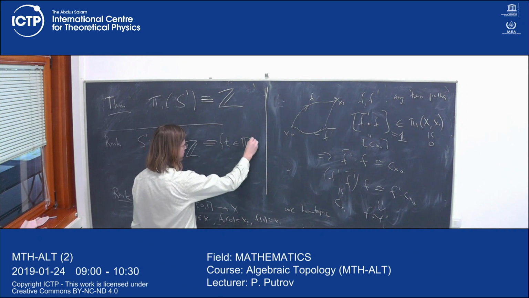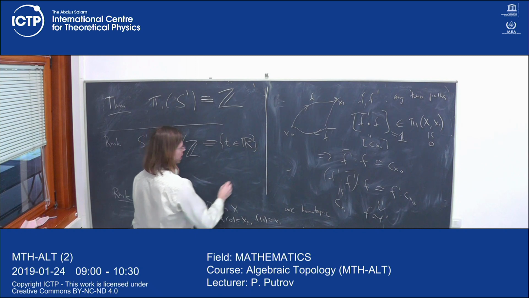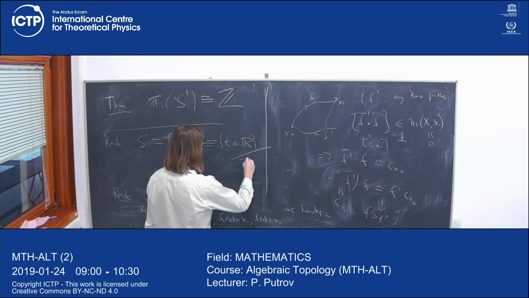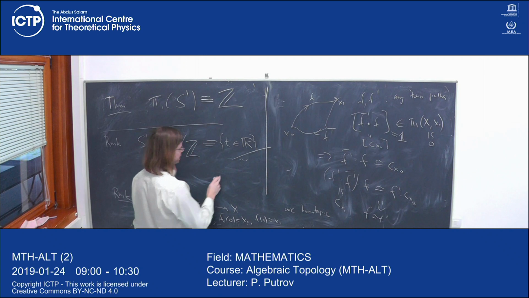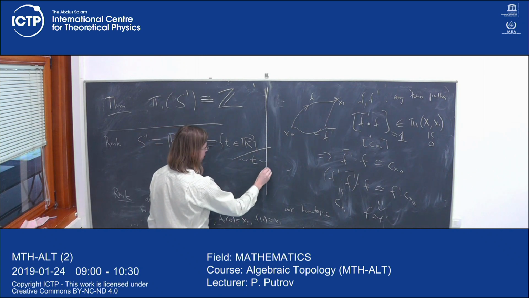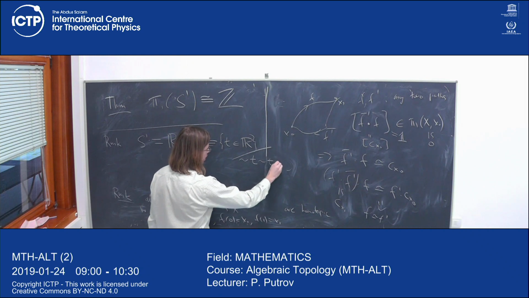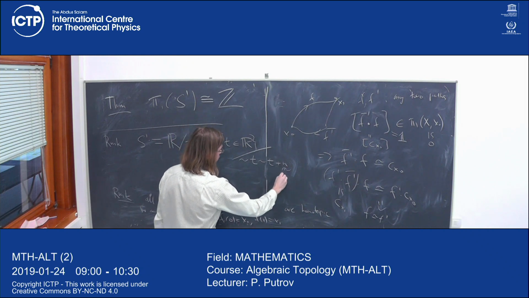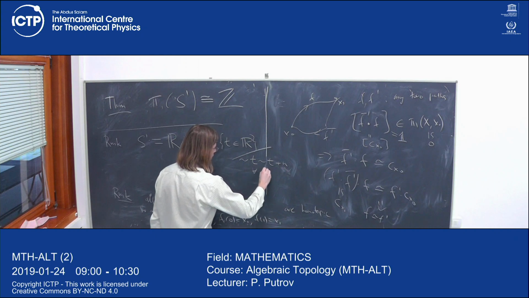The real line is the set of real numbers, and this quotient means that we quotient by the following equivalence relation. So t is declared to be equivalent to t plus n for any integer.